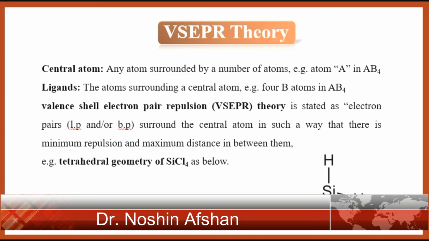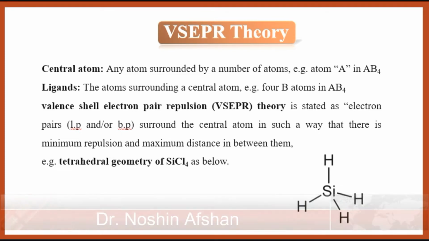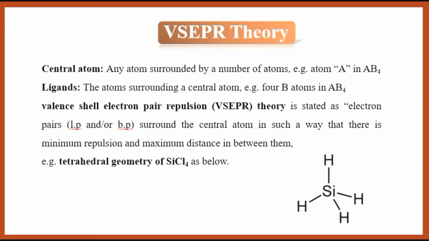But before going into detail of the examples, we should understand the meaning of the basic terminologies that are central atom and ligand. So, what is the central atom in fact? It is any atom that is surrounded by a number of atoms.